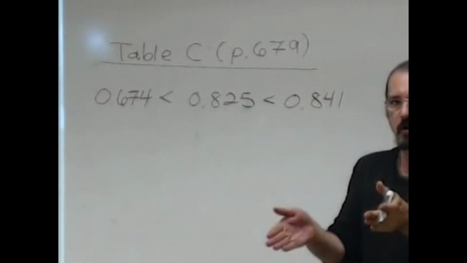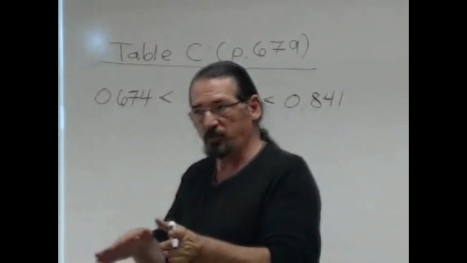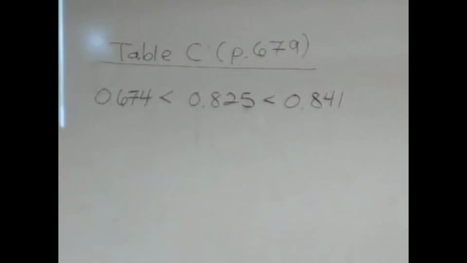So all you have to do here, rather than an approach that we could use table A for, like I say, it could be done, but the problem is, when we don't know sigma, things get more complex, and we can't make multiple tables for it. We're going to have to use table C.